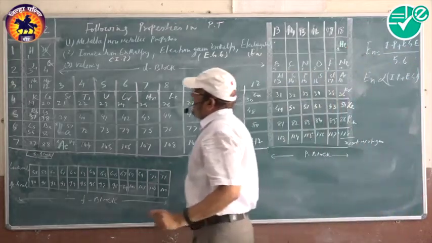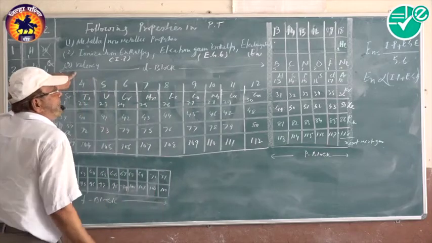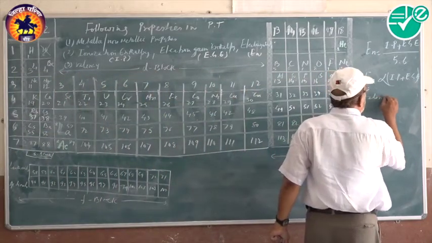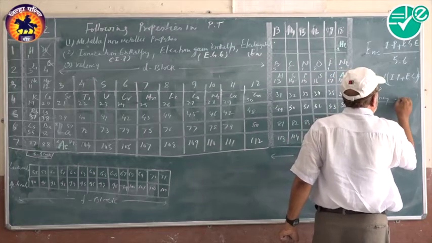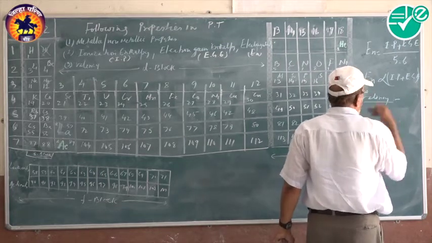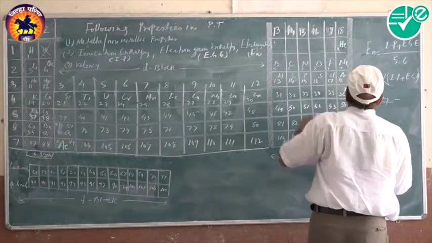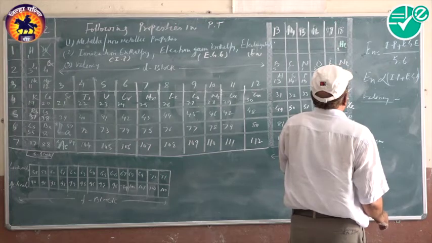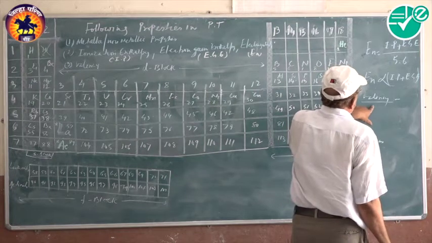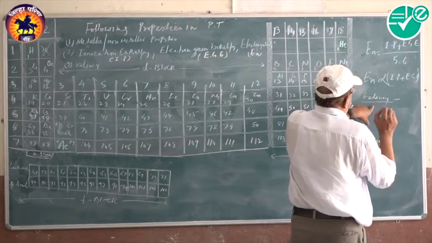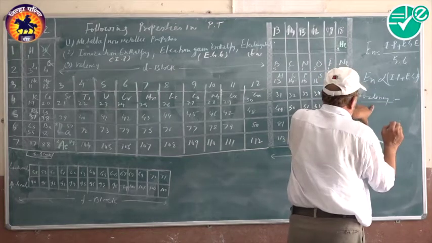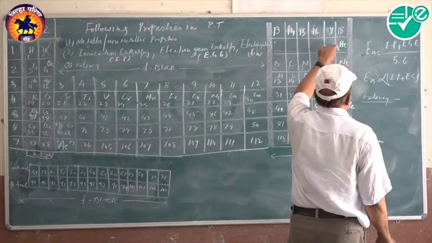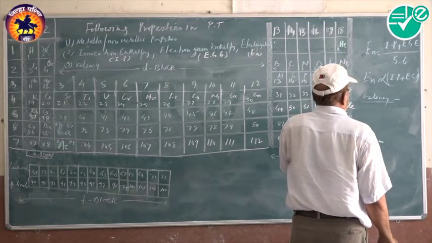And third one is valency. What is valency? Valency is the number of electrons lost, gained or shared to obtain the nearest inert gas electronic configuration.